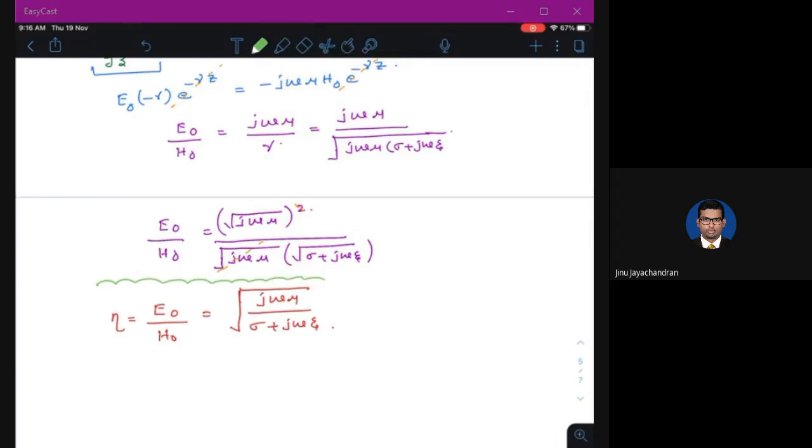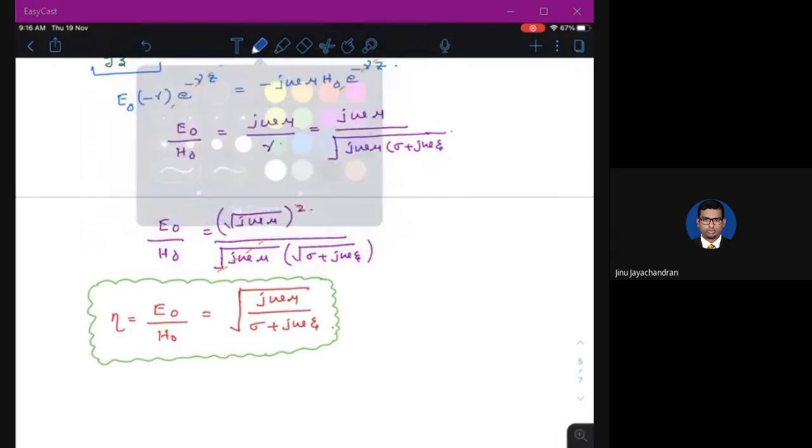And you see that the intrinsic impedance is a complex quantity. So it will be both resistive and reactive impedance the wave will observe as it travels through the medium.